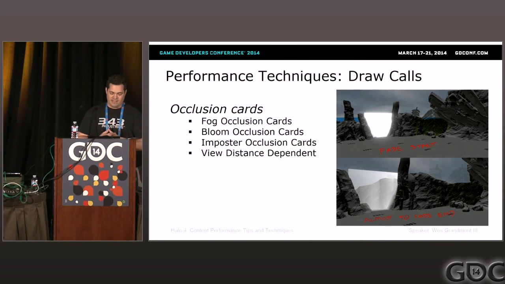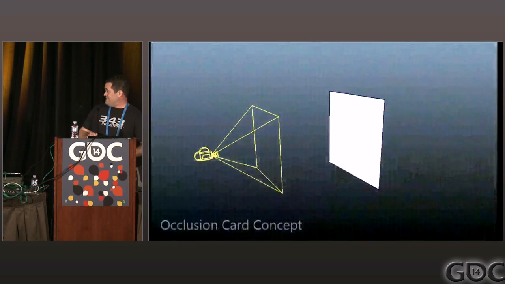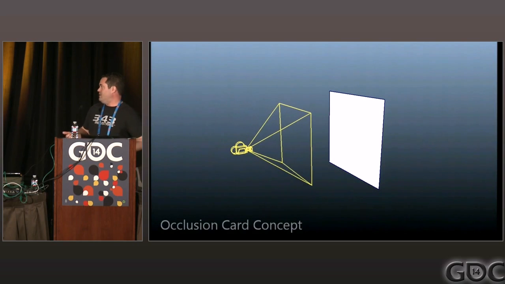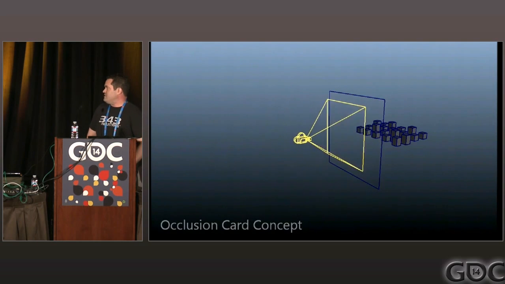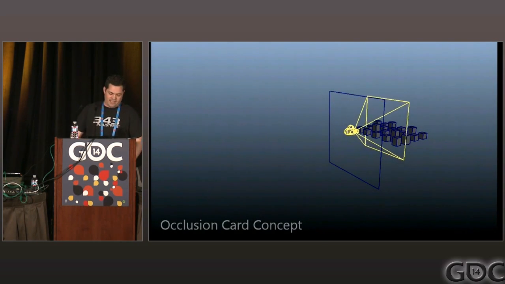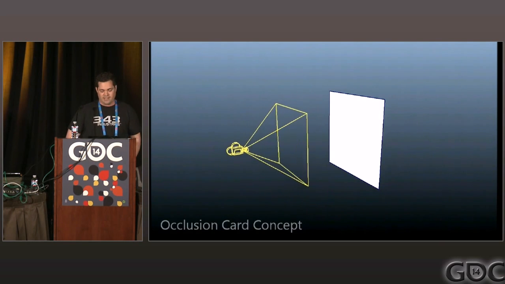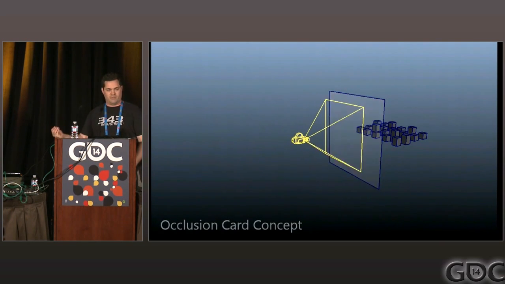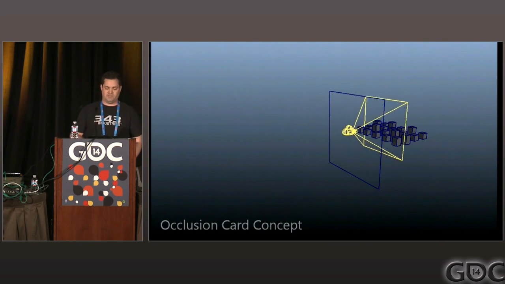So occlusion cards, the basic idea is this. Hopefully this runs. You've got this shader that just fades out as the camera approaches it. When it's opaque, you can cull everything behind it, and then you just start drawing it just before it starts to fade out.